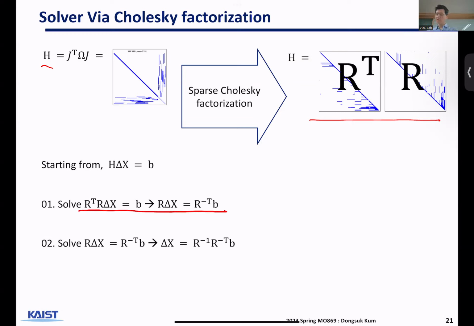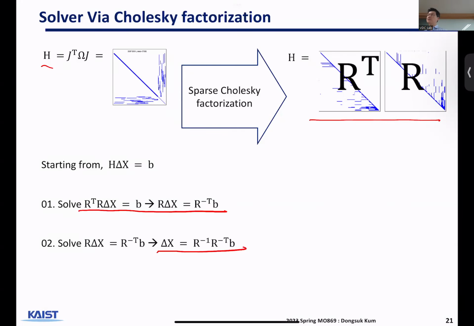First we solve for R transpose y equals B, that is y equals R inverse transpose B, and then we can solve for del X with R delta X equals y. Okay.